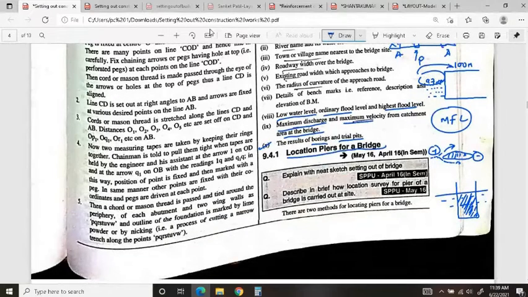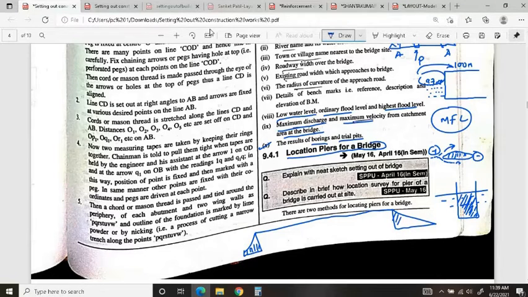Next, locations of piers. If this is your bridge, the first and the last support we will call abutments, and the intermediate supports are the piers.